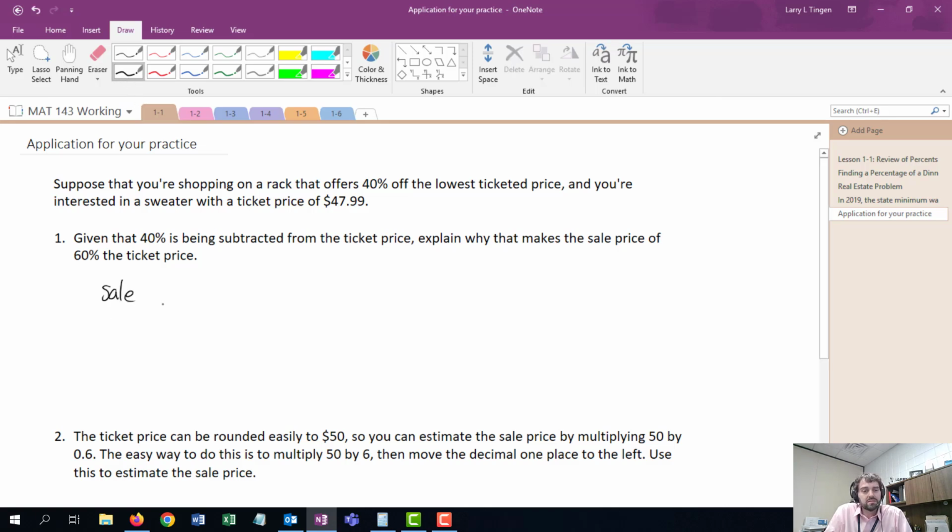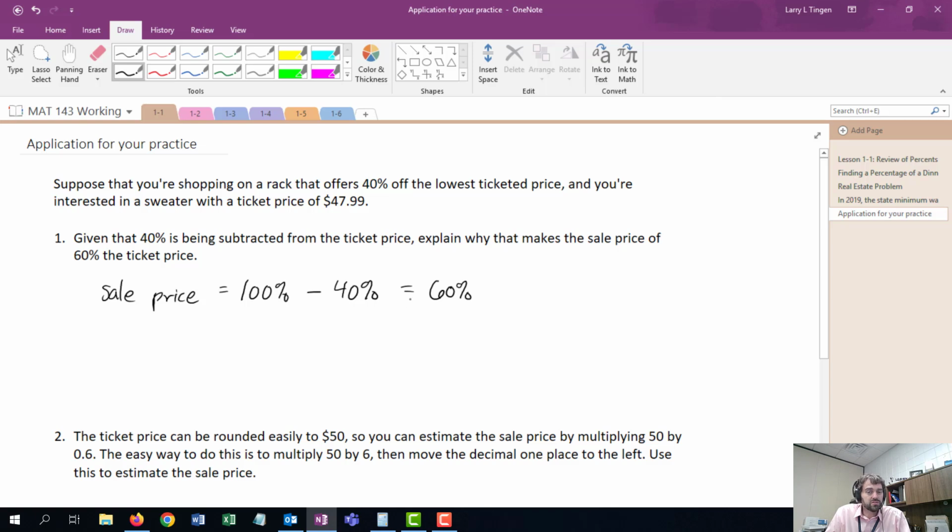My sale price is going to be whatever the original price was, which is 100%, minus 40% off, right? 100% of the original price minus 40% of the original price is going to give me what? 60% of the original price, right?